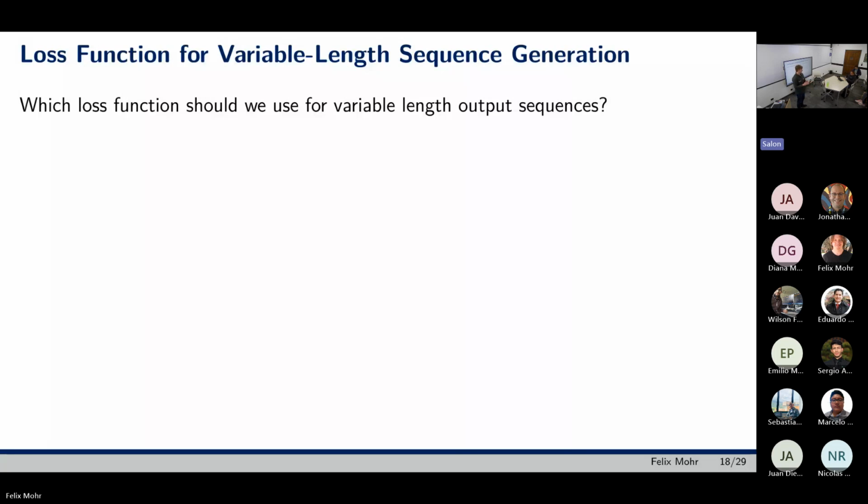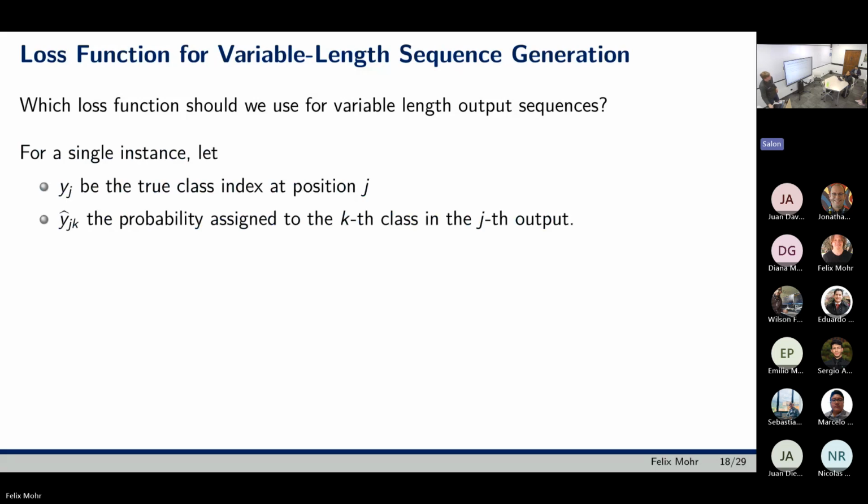But if the output is variable length and is a sequence, then which loss should we use? And actually, there is not one answer to this. I only give one answer here, but you could do research on this question, depending on the task.